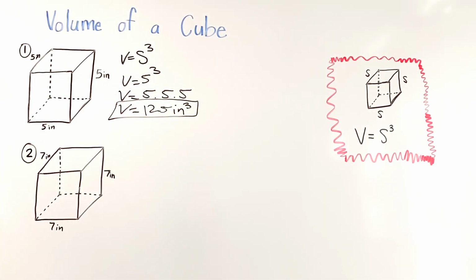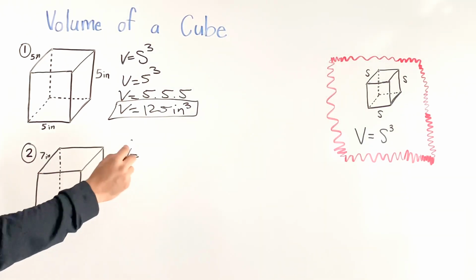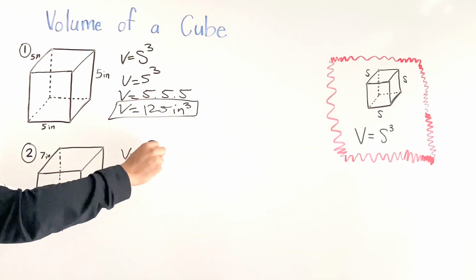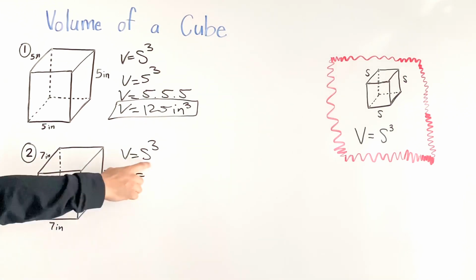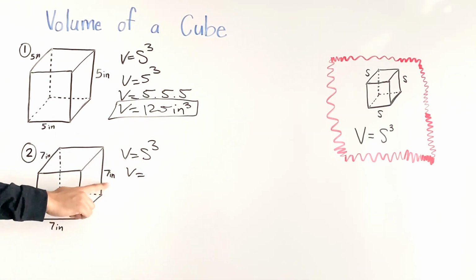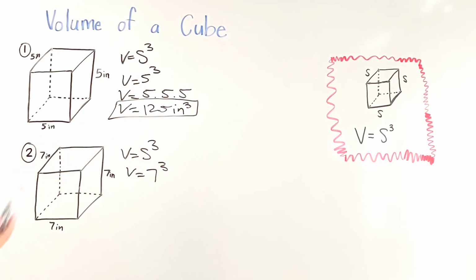And for number 2, we're going to go ahead and do the same thing. We're going to put V equals S to the third power, and V equals, plug in what is your side. Our side here is going to be 7, so we're going to plug in 7 to the third power, okay?